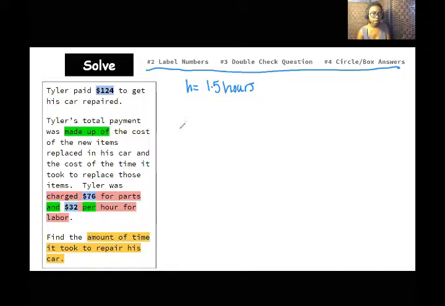Tyler's total payment was made up of the cost of the new items replaced in his car and the cost of the time it took to replace those items. Tyler was charged $76 for parts and $32 per hour for labor. Find the amount of time it took to repair his car. Okay, so that was all we needed to do, was find the amount of time. We found that it's 1.5 hours. Let's write it into a sentence, okay?